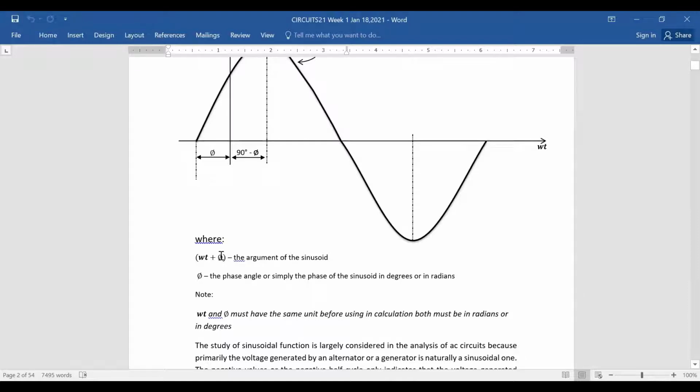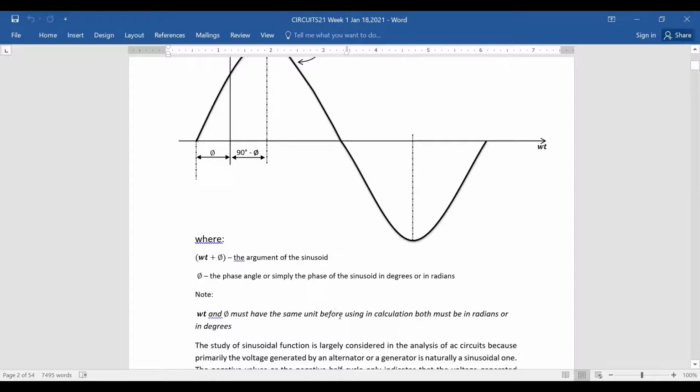But if we use degrees for our omega t here, we must use degrees also for our phi here. Both units must be the same, say omega t and phi, for us to get the correct value for the sine or cosine of omega t plus phi.